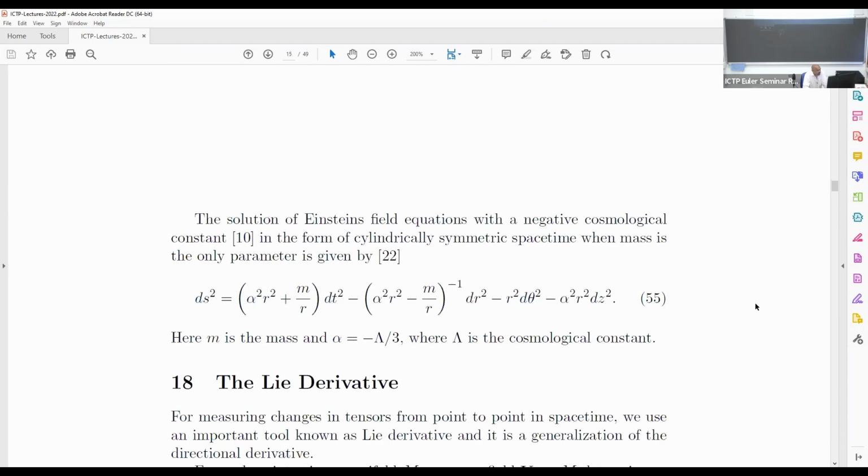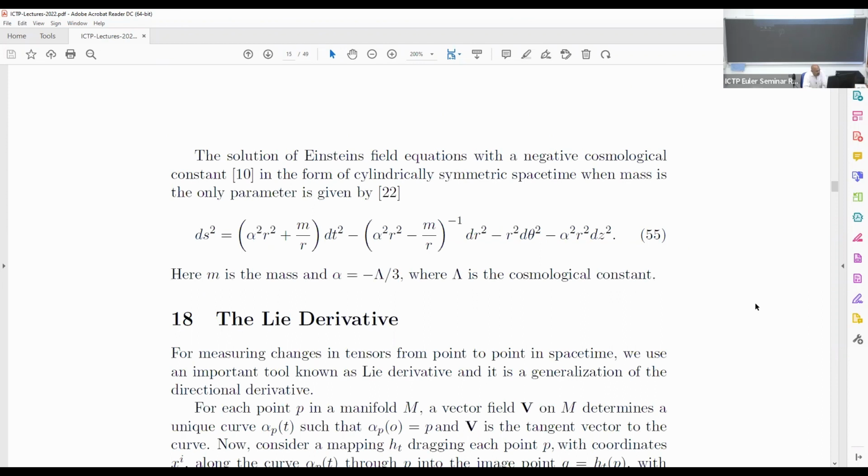In some sense, this is very similar to the Schwarzschild solution, but it involves, if you remember in the first lecture, I wrote another form of the field equation. There was a parameter which we call the cosmological constant. And we said that the solutions we discussed yesterday were with the field equation when the cosmological constant was 0. But this is a solution where this cosmological constant is non-zero.